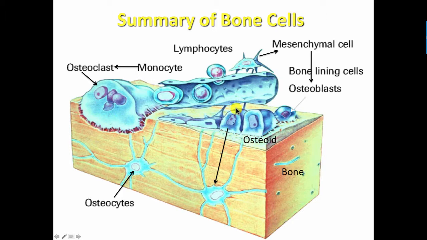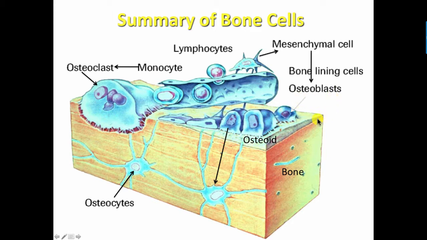Osteoblasts are responsible for the synthesis of the organic components of bone, such as type 1 collagen, the glycosaminoglycans, and glycoproteins, and they're also responsible for the later deposition of the inorganic components of bone. And collagen comprises 90% of the organic matrix.